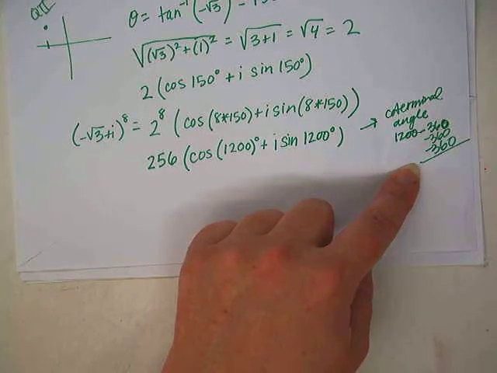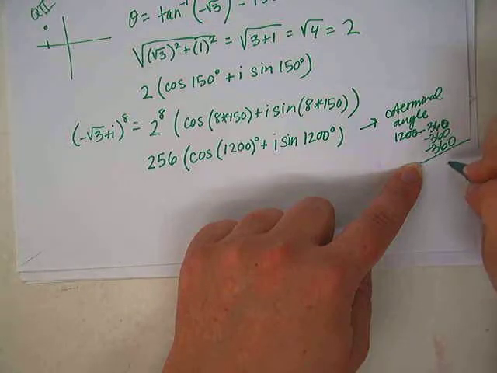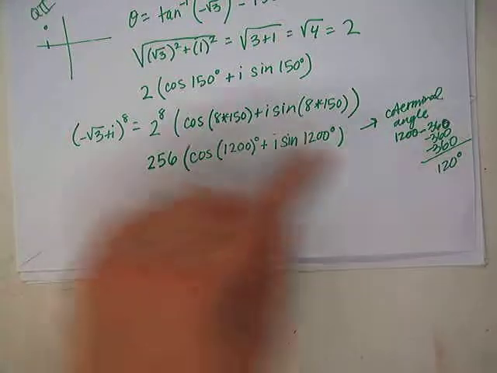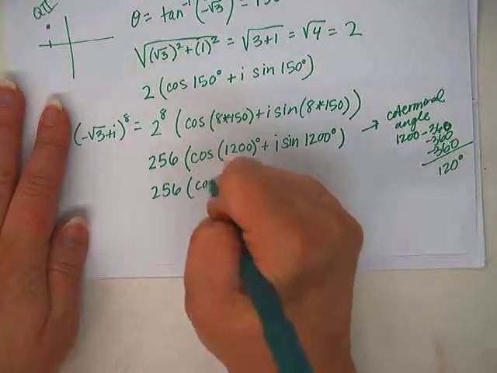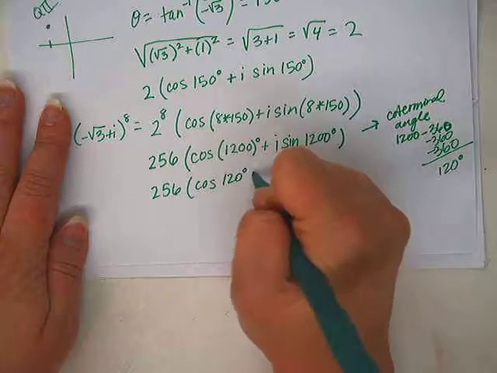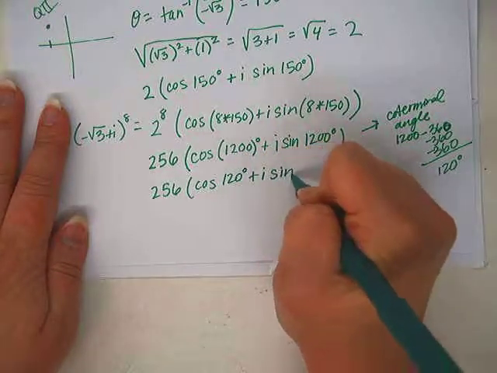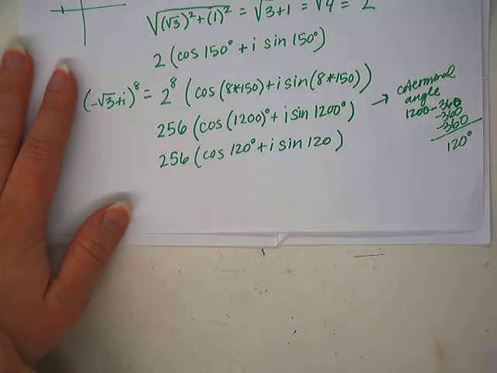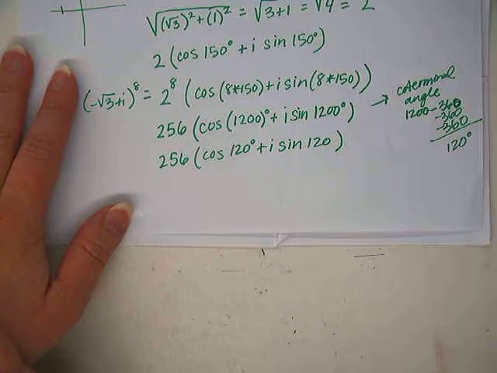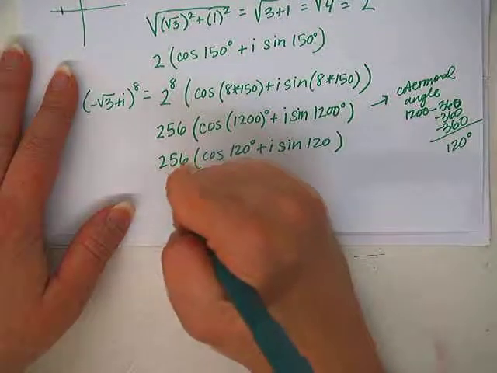Any idea how many times it takes? 3 times, I'm pretty sure. So that takes us down to what angle? Good job. So now we have 256 times the cosine of 120 plus I sine 120.